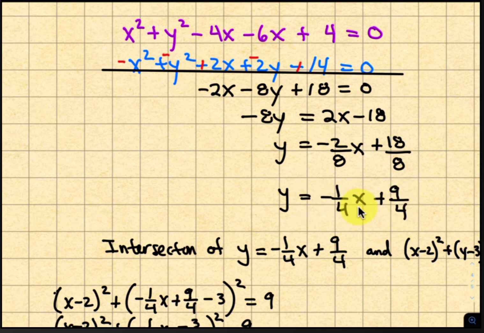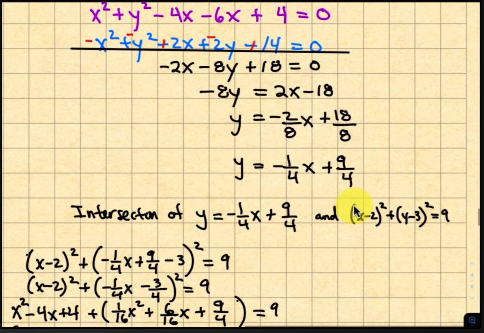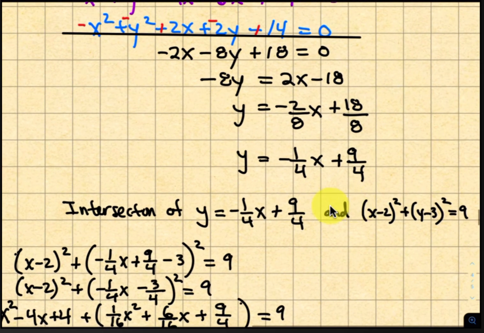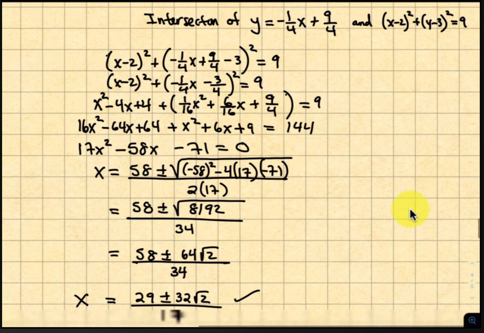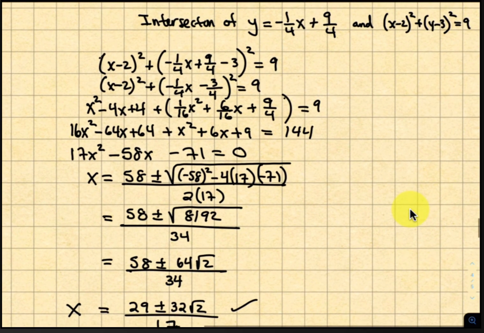Now this is a line, and now we want to find the intersection of this line with one of the circles. In this case, I'm using the first equation. So now we're finding the intersection of this line with this circle. And here's where it gets very intense in terms of the amount of work that is shown.